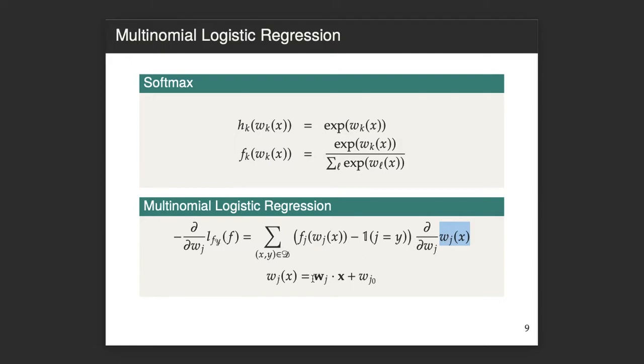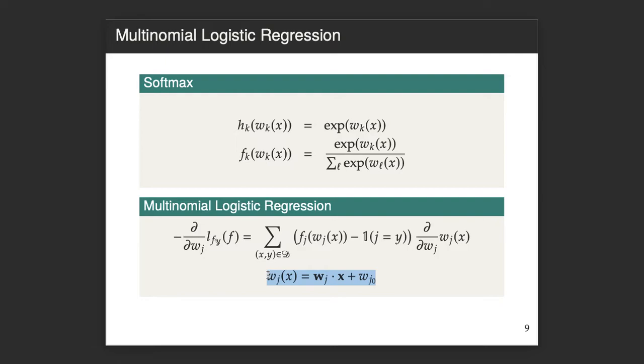A linear equation means that we have a vector of parameters, we have the input x, which is a vector, and we have the bias term. So in the multinomial case, this is the form of w.